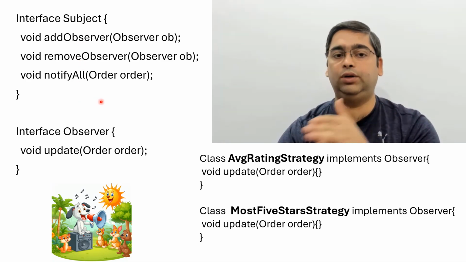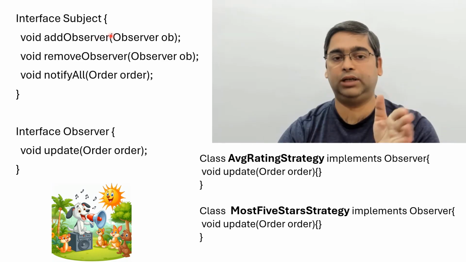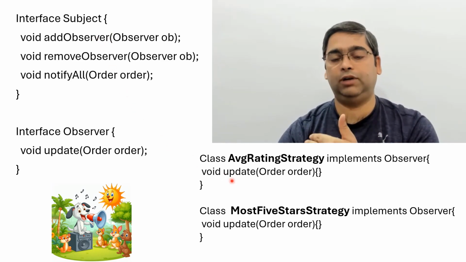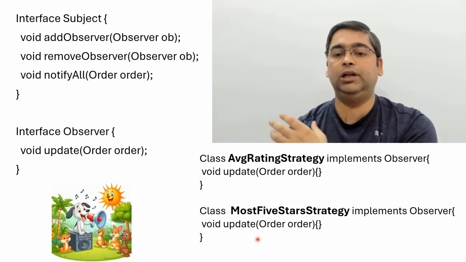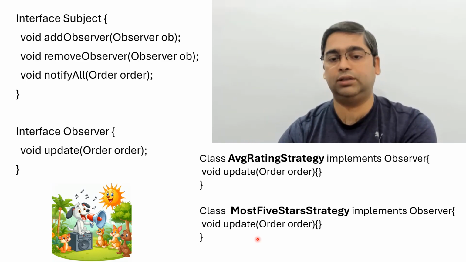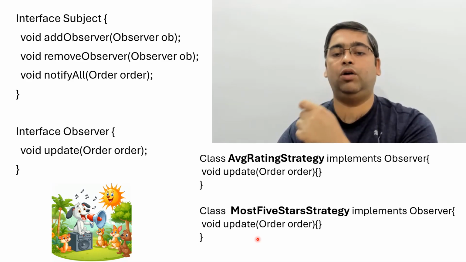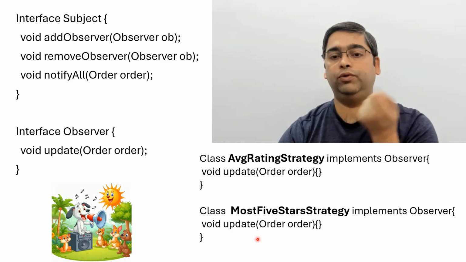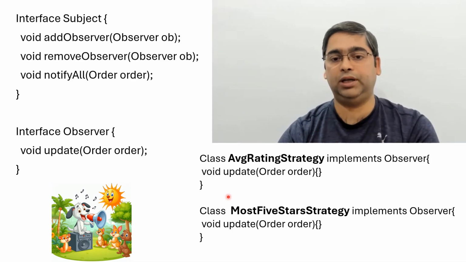We do not need to update any code in the subject class, or the class implementing the subject interface, whenever a new observer comes. So tomorrow if a completely new observer comes, some sort of analytics class or some sort of notification class which sends a notification to a restaurant whenever any order is rated 1, 2 or 3, like a low rating, saying okay, you need to improve your services or culinary experience, there we will just implement the algorithm.